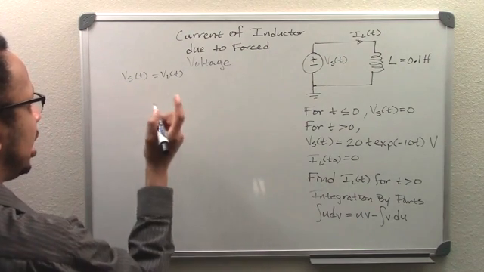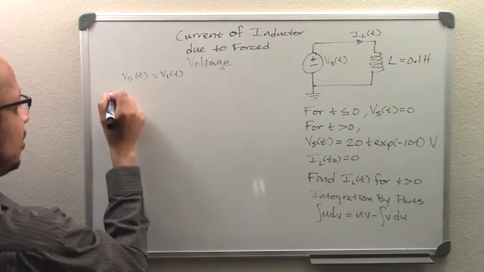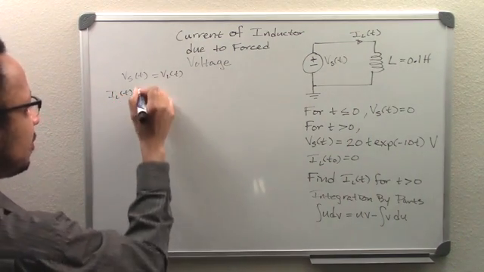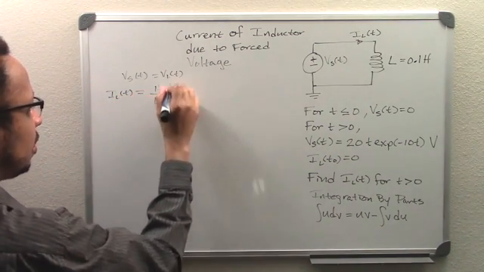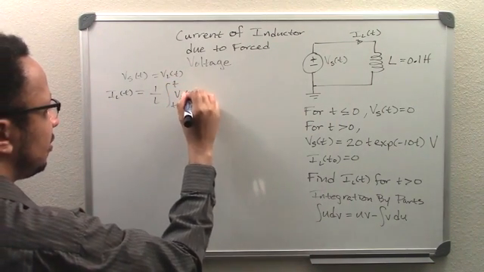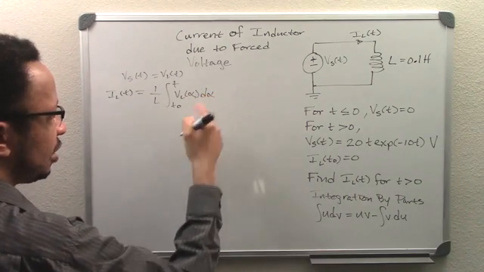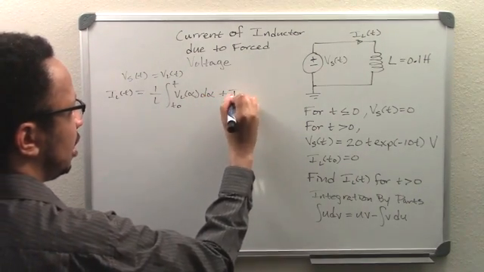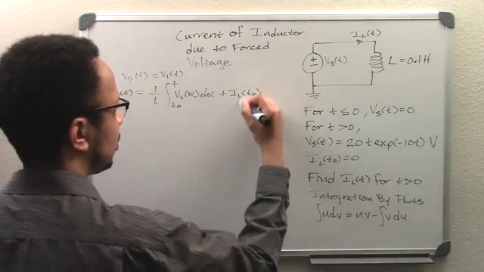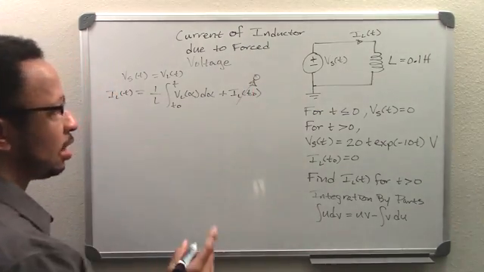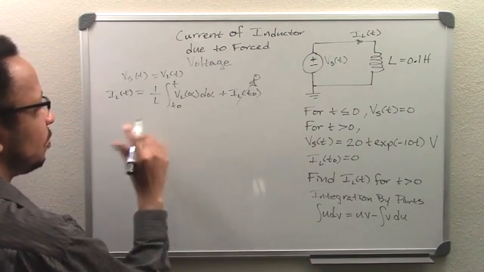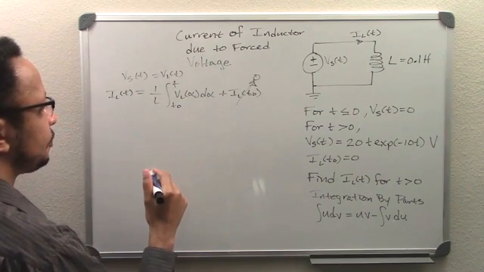Then IL of t, which is directly what we're solving for, is equal to 1 over L, integral between the limits of t and t sub 0 of VL of alpha d alpha, with alpha as the integration variable, plus IL of t sub 0. Again, IL of t sub 0 is 0, so we don't need to worry about that term.